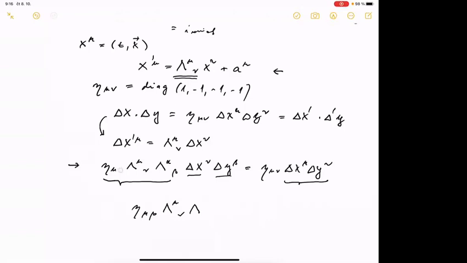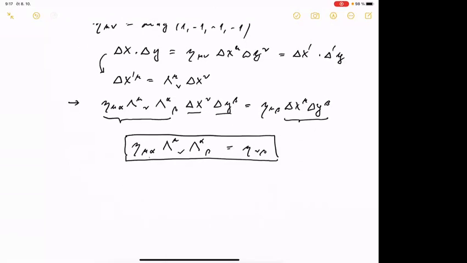And it doesn't work again. So here should be again alpha: Λ^α_μ Λ^β_ν η_αβ should be η_μν. We can rename this index here as beta, and then we obtain this formula.